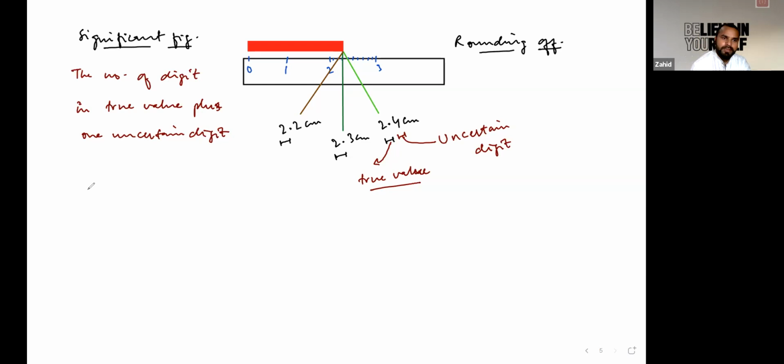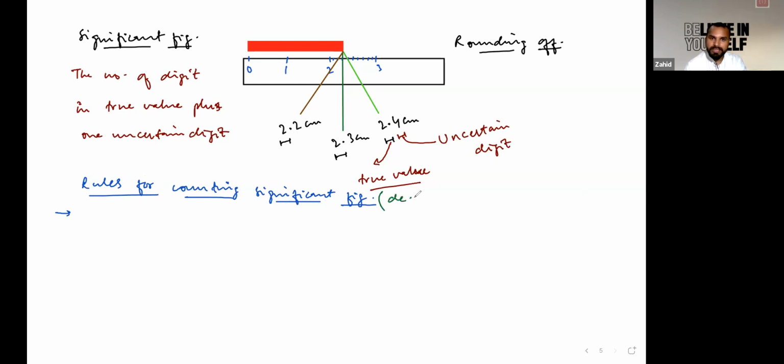Okay. Now I'm defining rules for counting significant figures. First, all non-zero digits, or simply we may count significant figures in a decimal number.